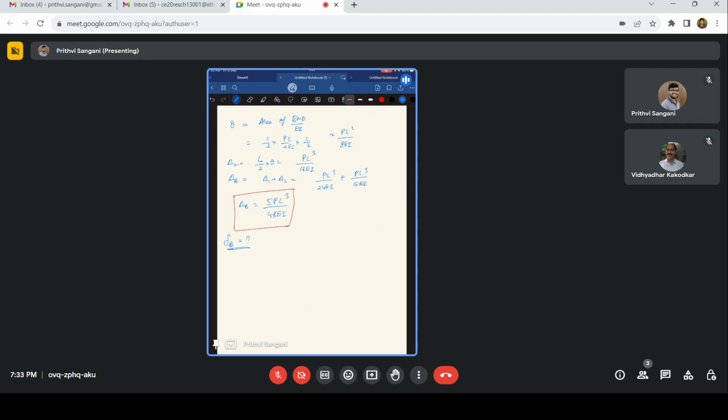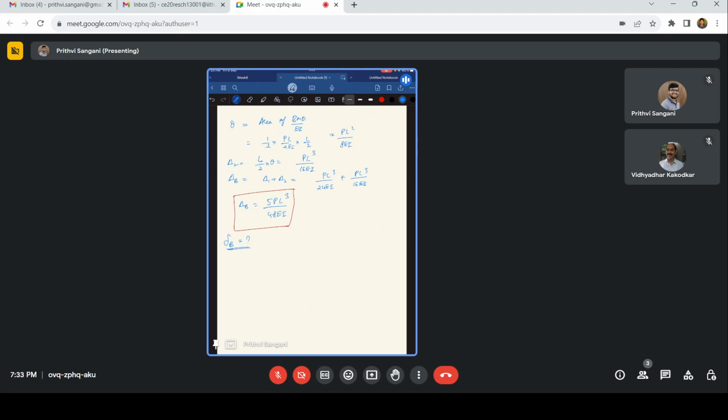What is my compatibility condition in this case? This is delta C, this is delta dash C. The vertical displacement here, delta C plus delta C dash, is going to be 0.